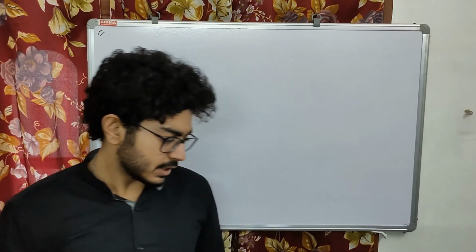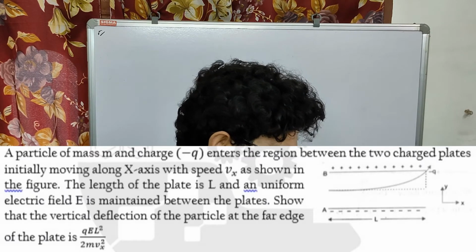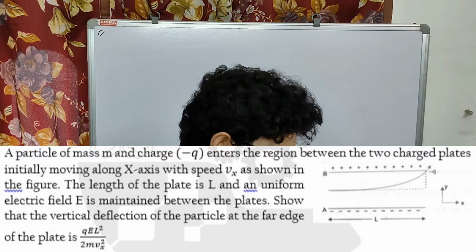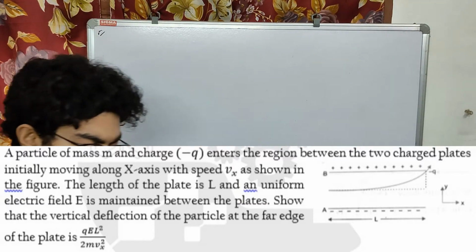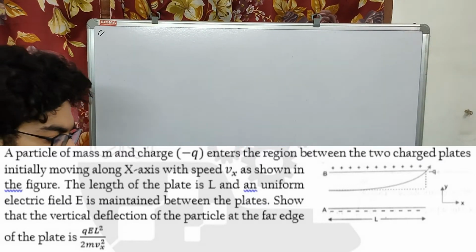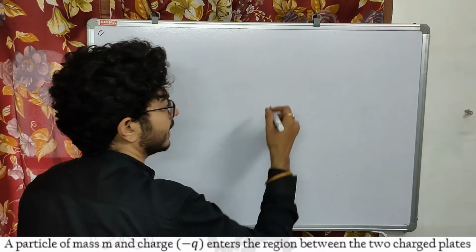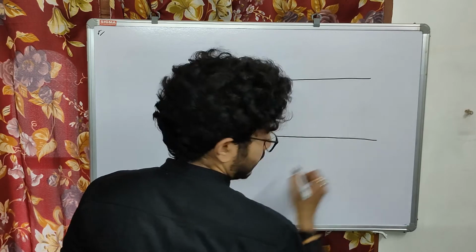So what is the next question? It tells that a particle of mass m and charge q, that is minus q, enters the region between the two charged plates, initially moving along x-axis with the speed vx as shown in the figure. So from the figure, let me just draw this one, then you will be able to understand. So here it shows a charged plate like this.